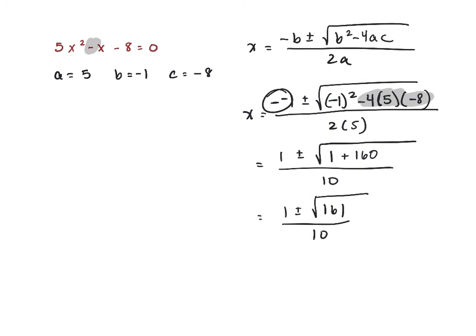And I think 161 cannot be broken down any further. And I'm not going to spend time trying to break it down, but I'm pretty sure. Yeah, 161 I believe is 11 times. No, it's not that. Nah, 161 I think is prime. Let me check that real quick.